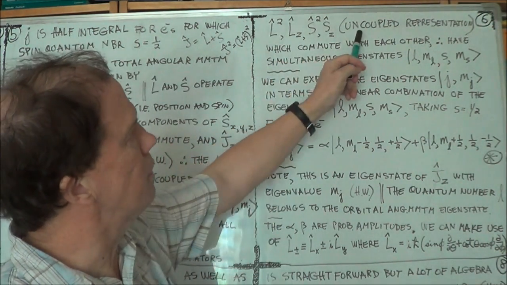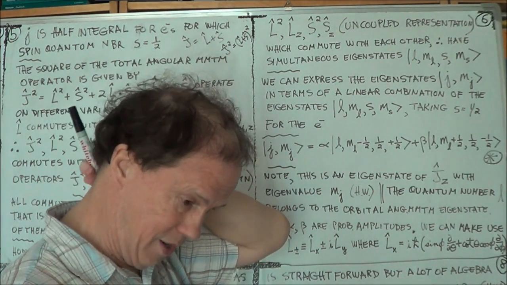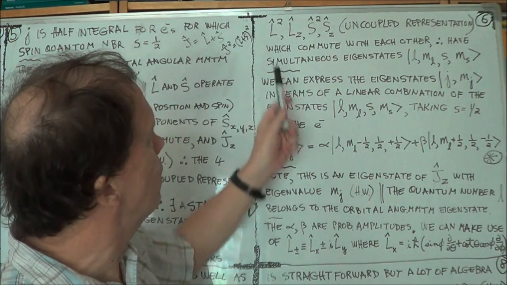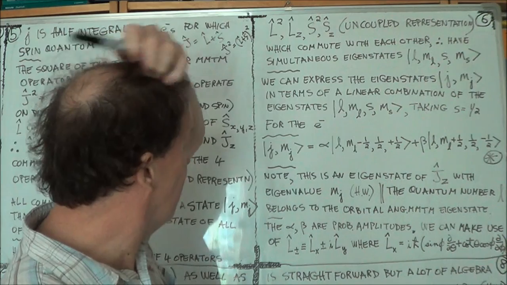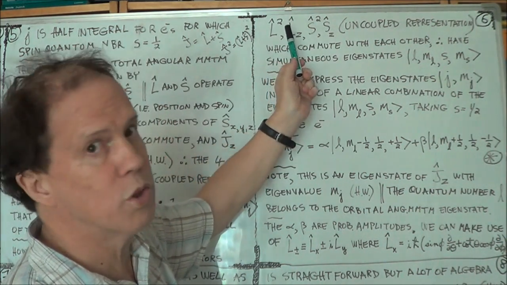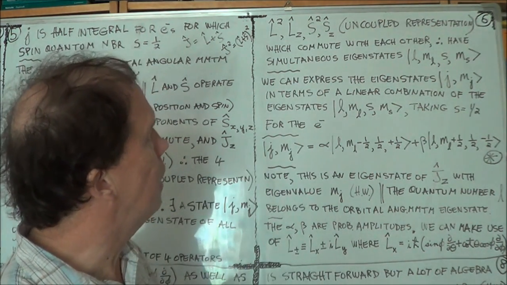Okay, so I hope you're getting a clearer idea now of what's meant by a coupled representation and an uncoupled, right? So these four they're mutually commuting, right? All four operators.